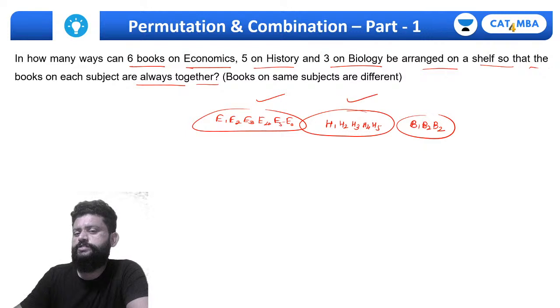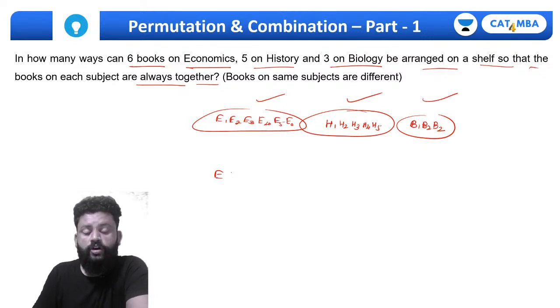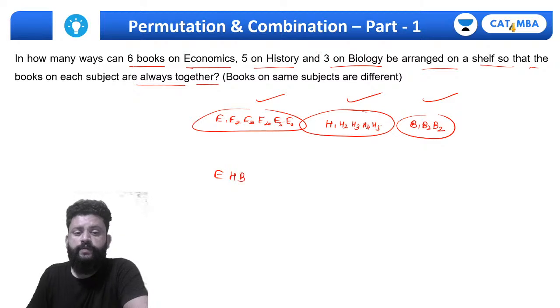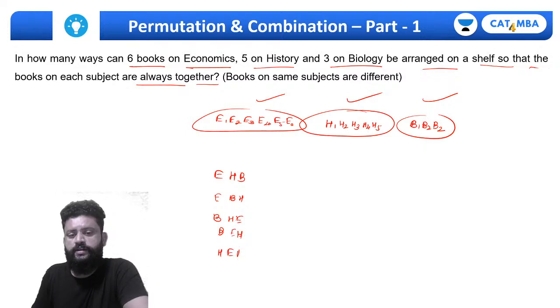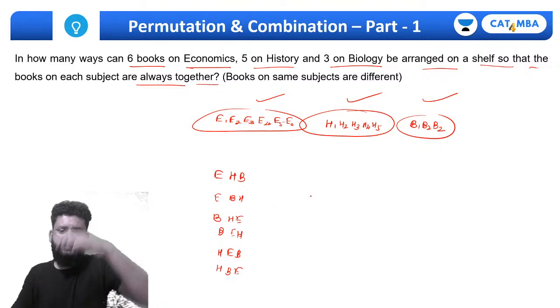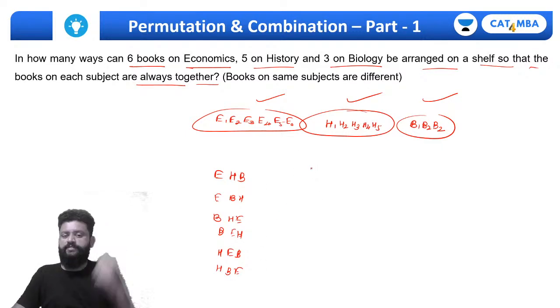So we can arrange these 3 groups first. It can be economics, history, biology, or economics, biology, history, or biology, history, economics, biology, economics, history, or history, economics, biology, history, biology, economics. We do have these choices. Basically what we did, we have arranged these 3 groups in 3 factorial.